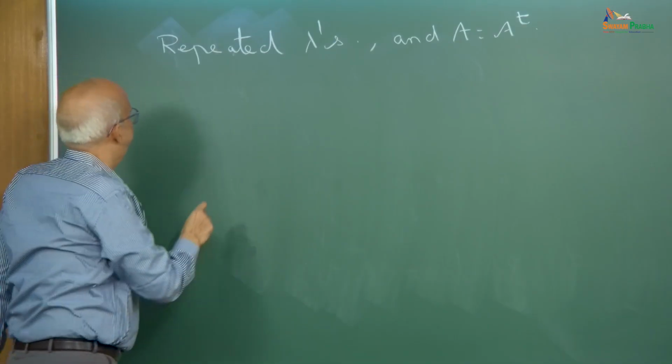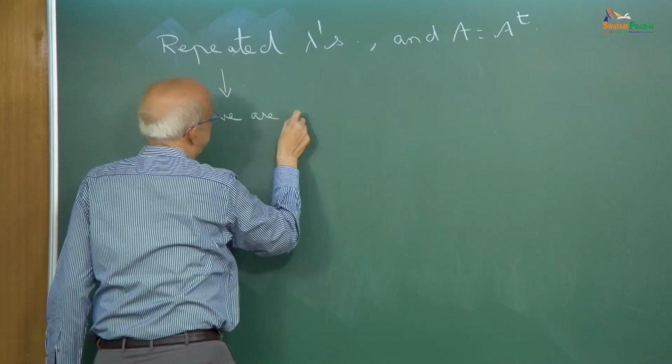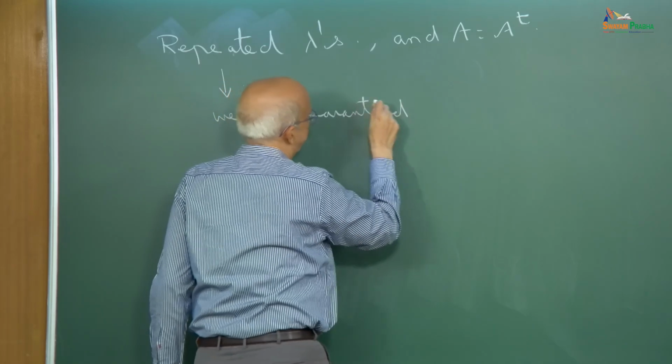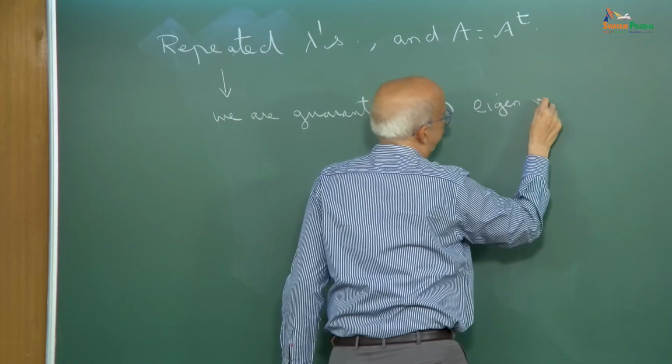So the point I am trying to make here is, we are guaranteed n eigenvectors.